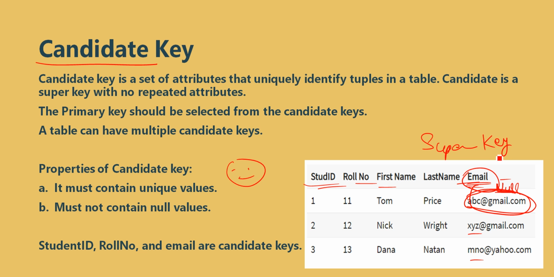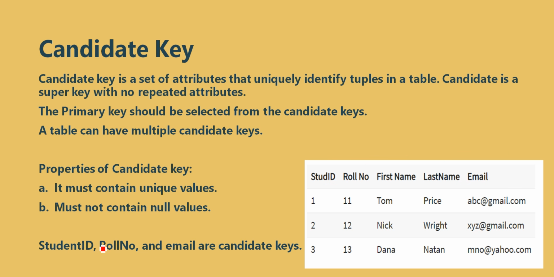Only student ID and roll number will be termed as candidate keys. So the difference between candidate key and super key is that a super key can have null, but a candidate key is never going to contain null values.